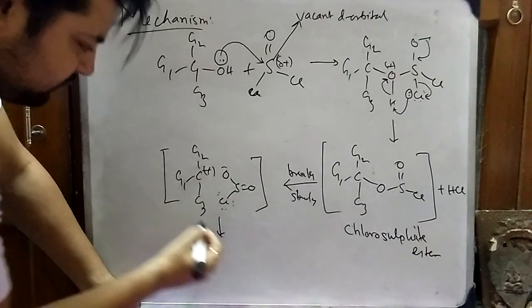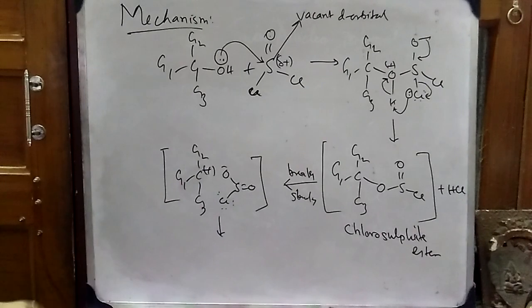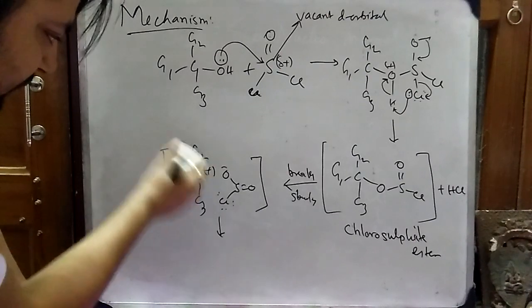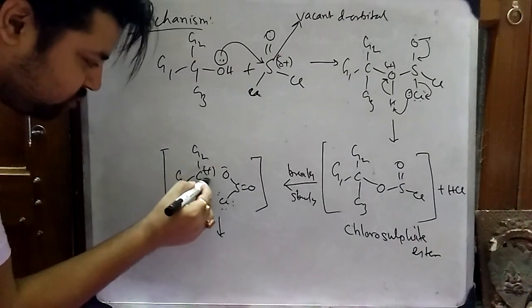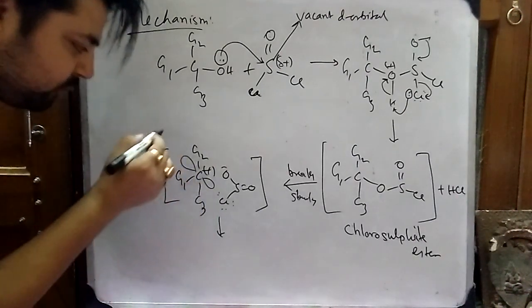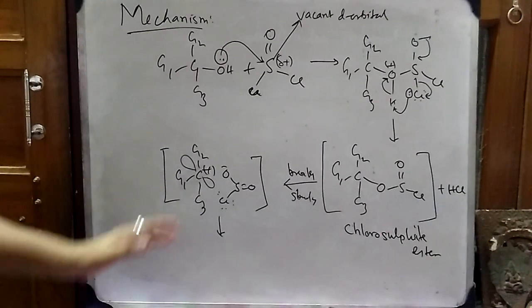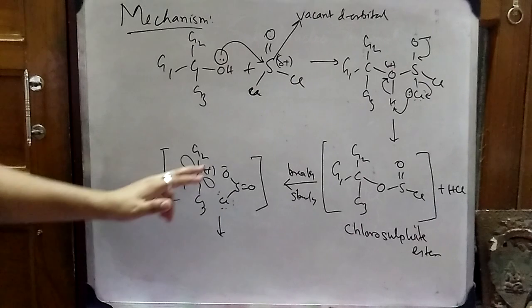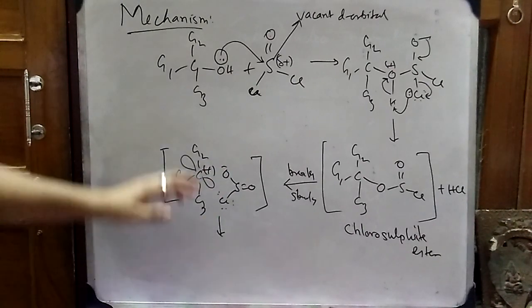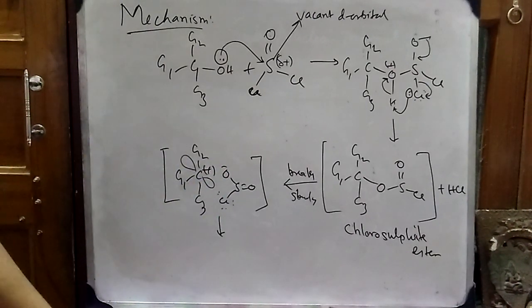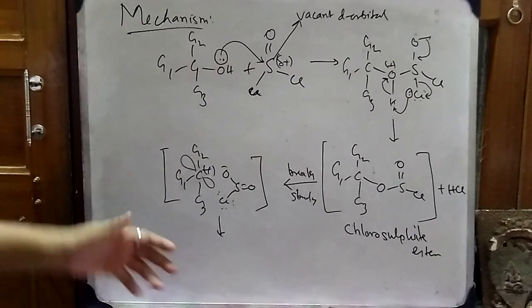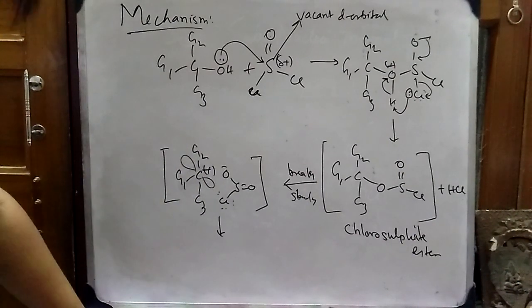Now this carbocation, we have seen the formation of carbocation in the mechanism of SN1. This carbocation has two vacant lobes of p. In SN2 we have seen that one lobe was attached to a leaving group and the backside lobe was free. But here both the lobes will be free, as we have seen in the SN1 process.